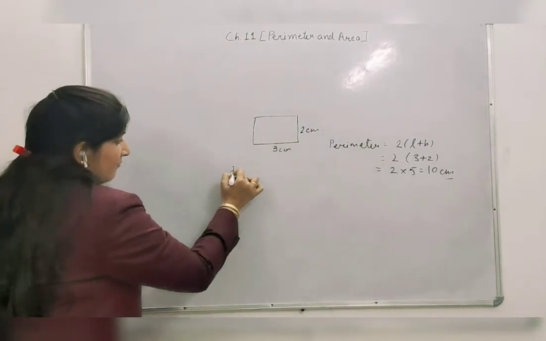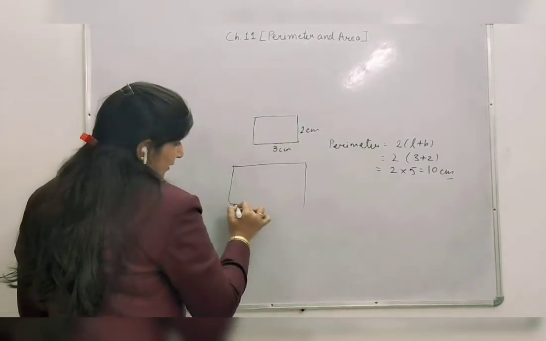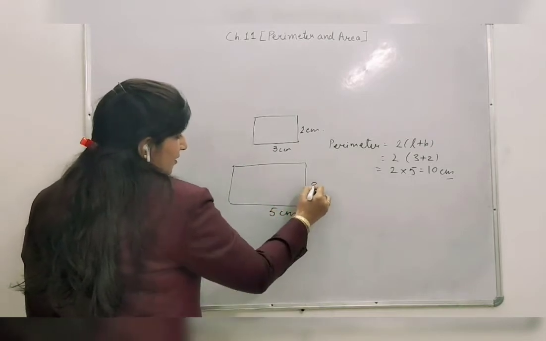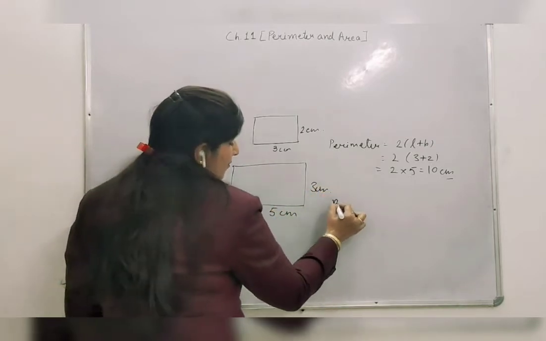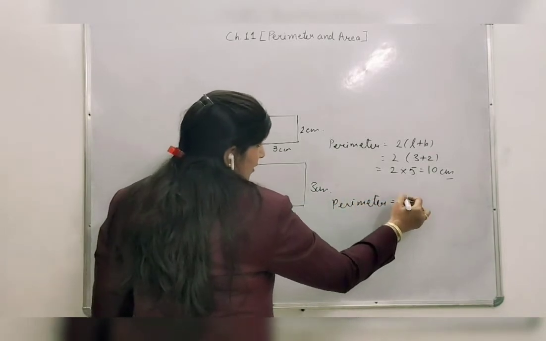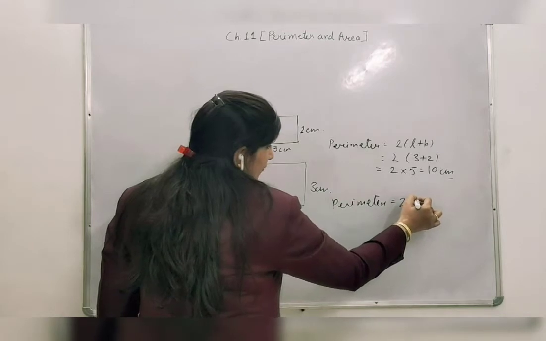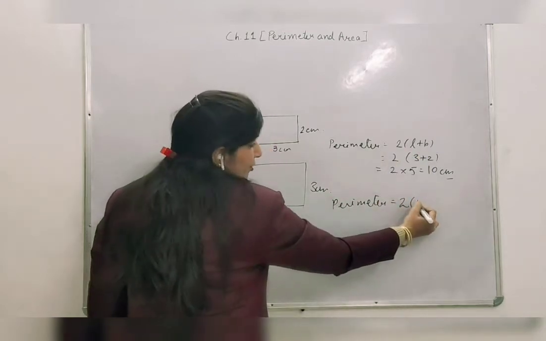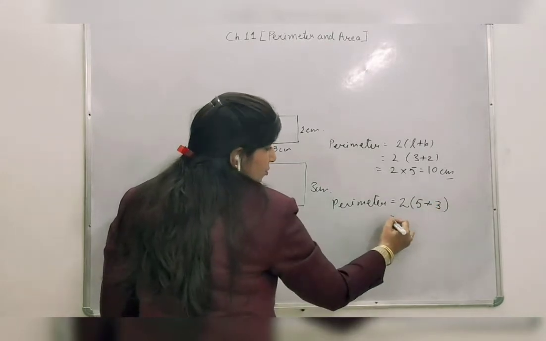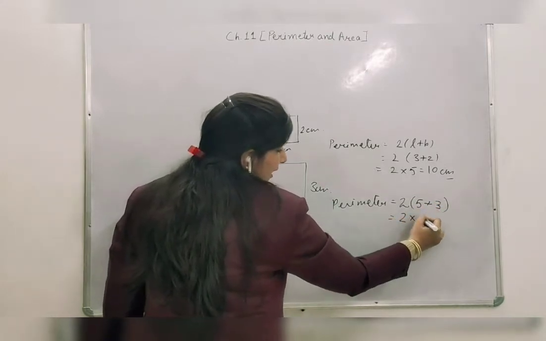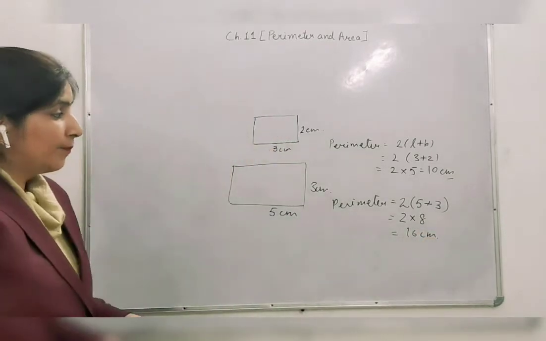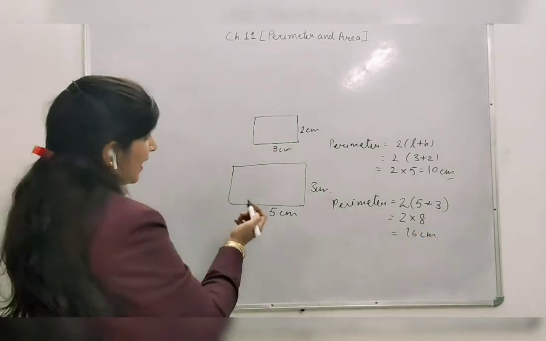Now if I increase both the length and the breadth, suppose it becomes 5 centimeter and this is 3 centimeter, what will be the perimeter in this rectangle? In place of length I am putting 5 and in place of breadth I am putting 3. So 2 into 5 plus 3, 8, so 16. Now in this case you can see the perimeter is increasing and the area is also increasing.